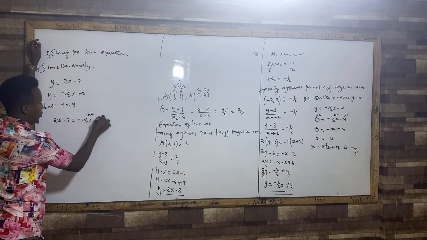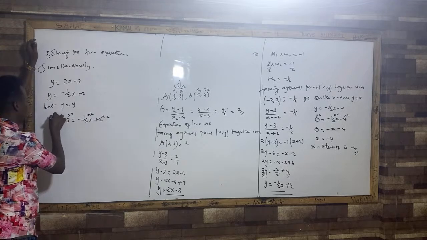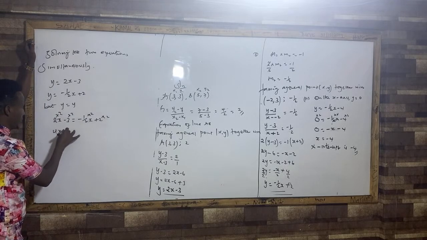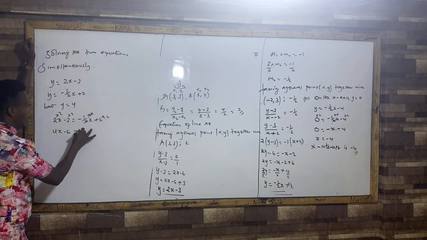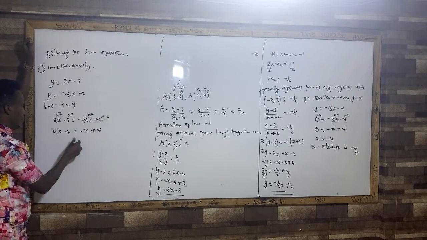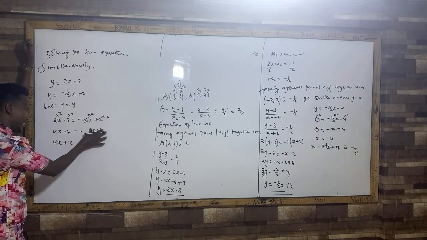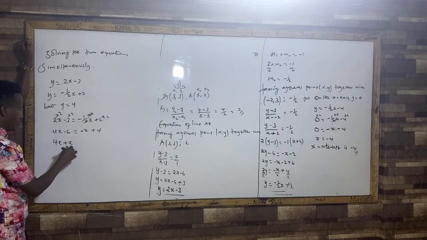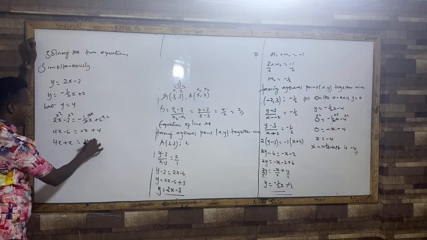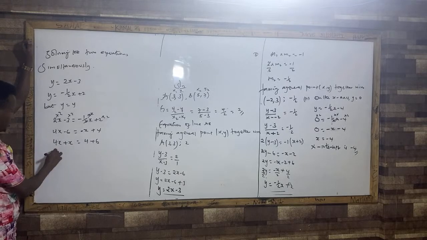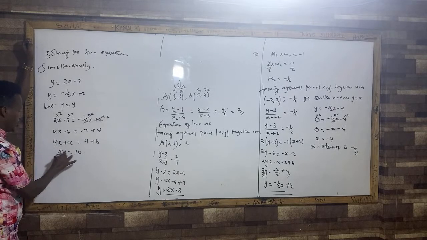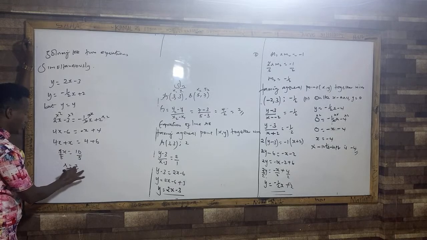Then times 2, so it will be 4x minus 6 is equal to minus x plus 4. So this one, 4x plus x, because this x here is negative. On this side it goes to 4 plus 6 on the other side, so 5x is equal to 10. Cancel 5, x is equal to 2.